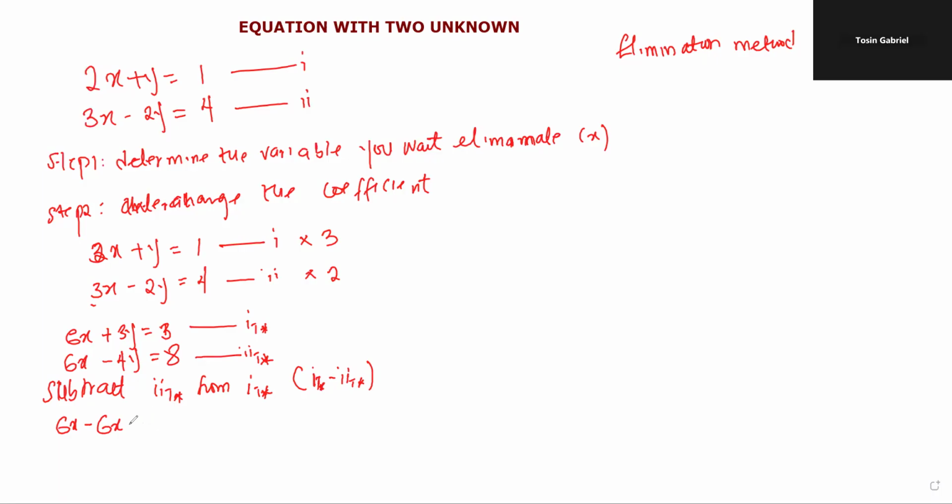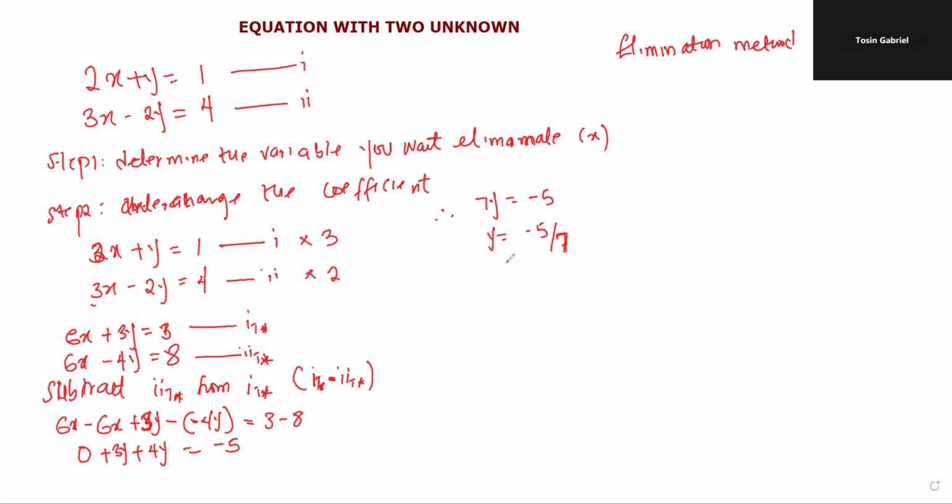Then plus 3y, then minus, into minus 4y, which is equal to 3 minus 8. This will give me 0. Then you're going to have plus 3y plus 4y, which is 3 minus 8. That's going to give you minus 5. Therefore, you can have 7y equal to minus 5. Then y is minus 5 divided by 7. So that is the value for y.